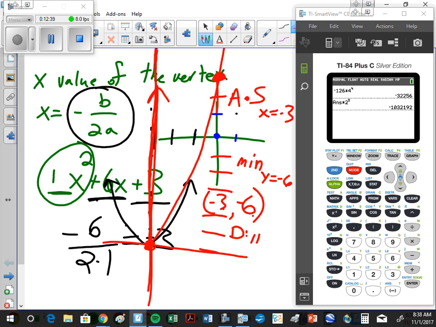So the domain would be all real numbers, and the range is going to be -6 to infinity. Oh, this is actually a bracket. Okay. Do we need to do increasing and decreasing? That doesn't look like it.